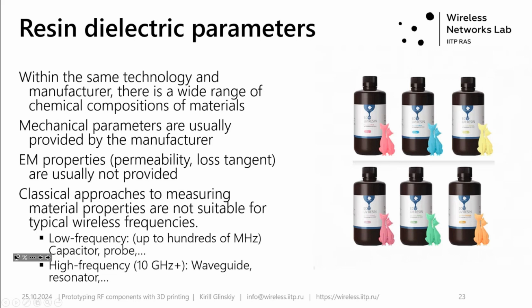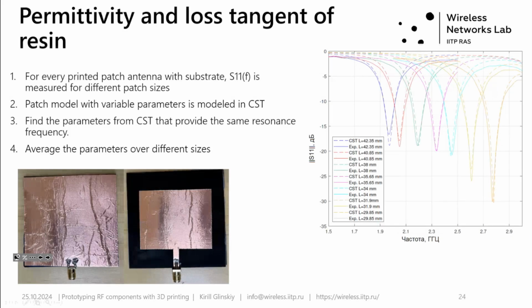To solve this problem, we have used a more complex antenna-based approach, where we manufacture a set of antennas which are very well described by their parameters like substrate size, patch size, length of this line, and therefore they can be easily modeled analytically in CST Studio, and we can perform a curve fitting procedure to obtain the true values of the EM parameters.